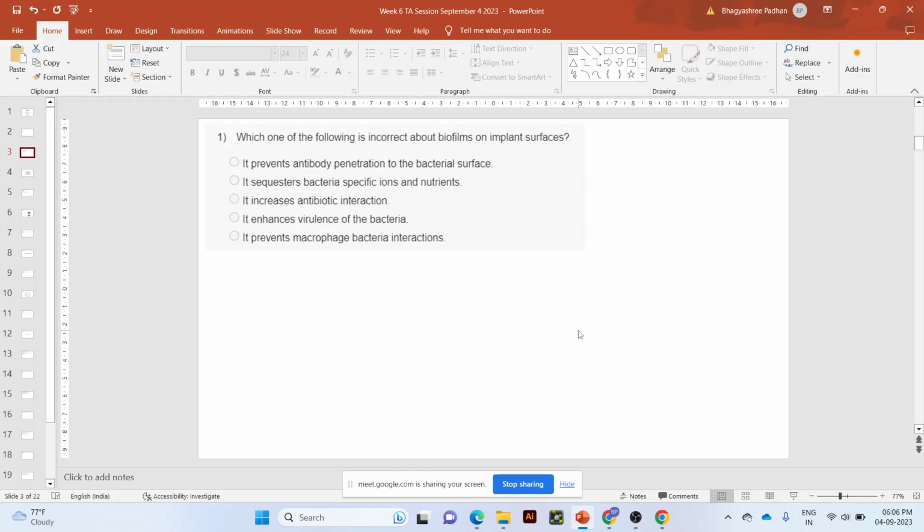It prevents antibody penetration to the bacterial surface. It sequesters bacteria-specific ions and nutrients. It increases antibiotic interaction. It enhances virulence of the bacteria. It prevents macrophage bacteria interactions. Which one is incorrect?